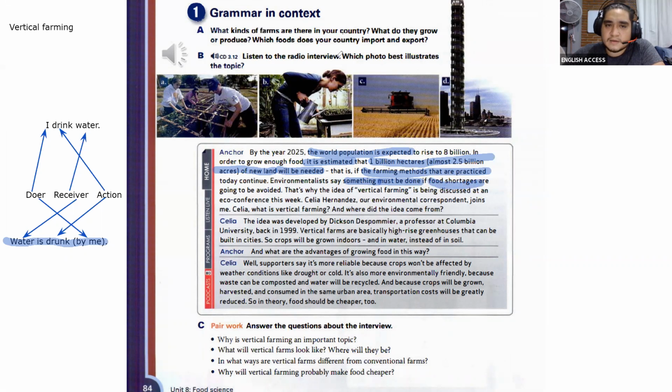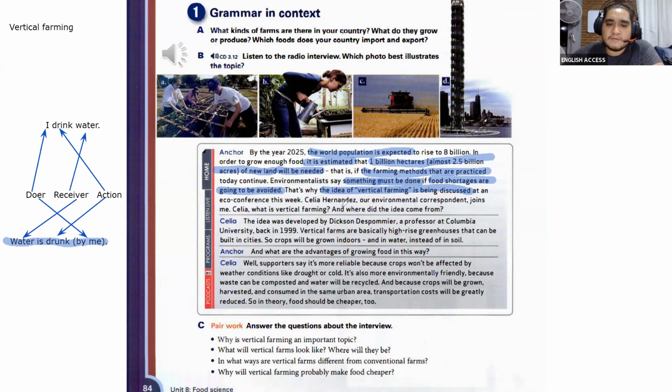Food shortages are going to be avoided. That's why the idea of vertical farming is being discussed at an ECHO conference this week. Celia Hernandez, our environmental correspondent, joins me.